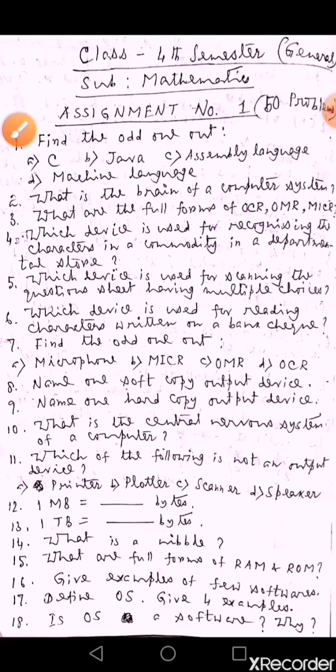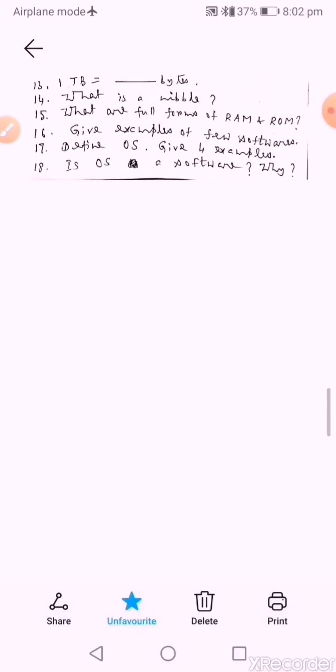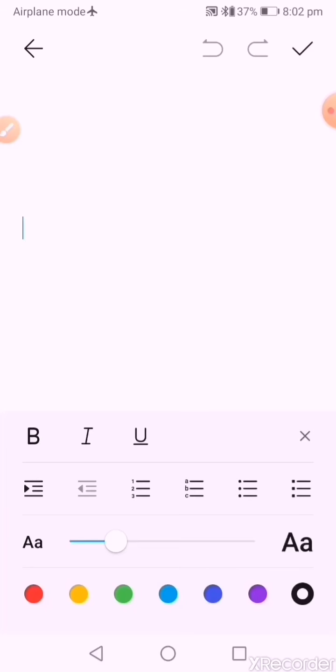Next question. Question number 15. What are the full forms of RAM and ROM? RAM is random access memory, and ROM is read only memory.